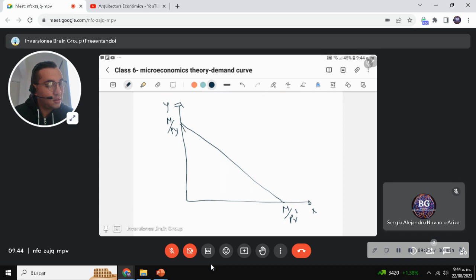In the second budget constraint, income divided by price x.